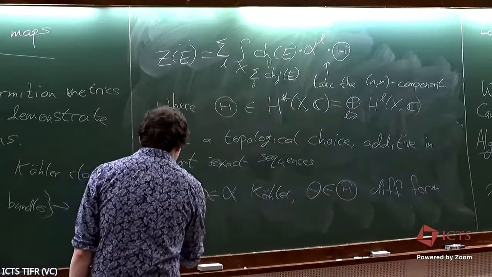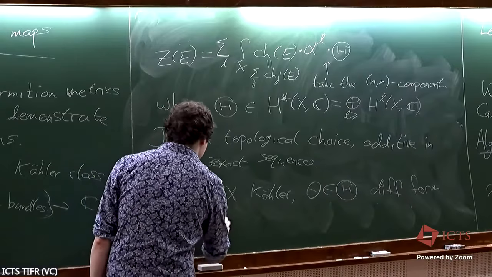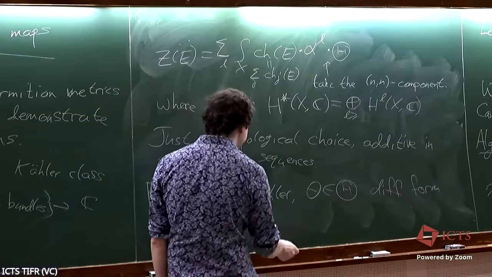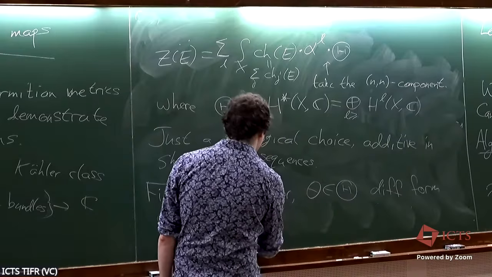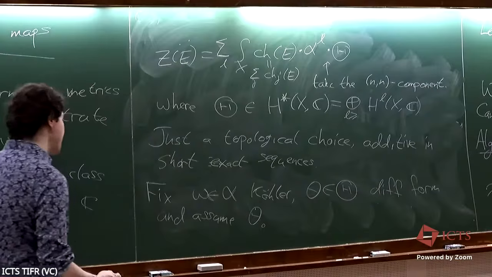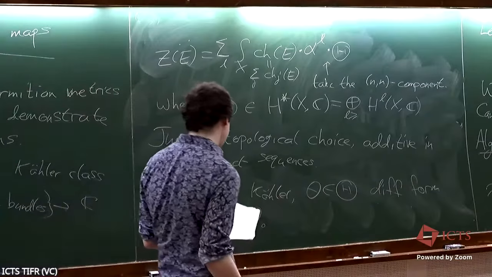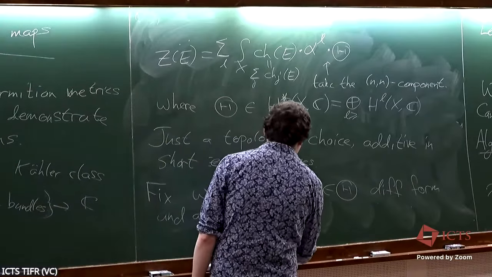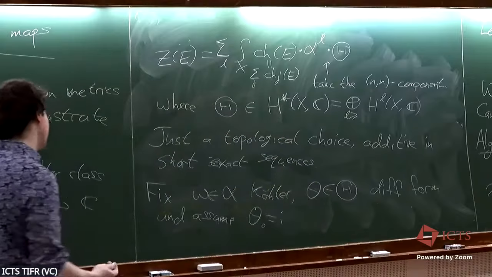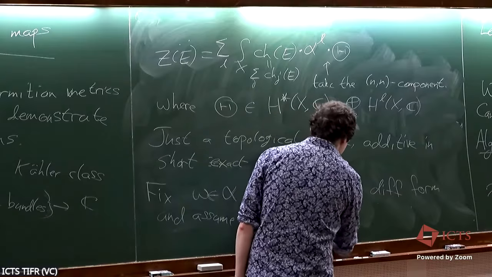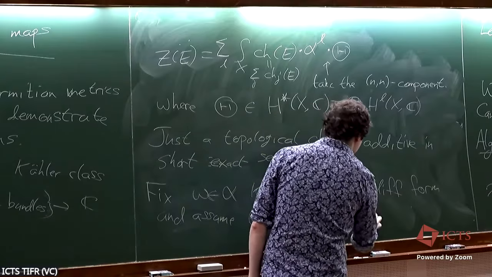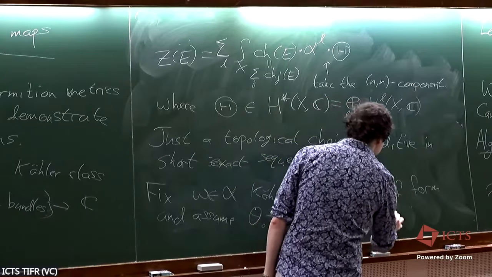And I'm going to assume that the (0,0) component, as in the function component of theta, which must be constant just by compactness of X, this is just i. So it has to be a constant, and I can just scale everything. So this is really a normalization. Again, not so fundamental. And so to this kind of input, what I want to do is define a geometric PDE.